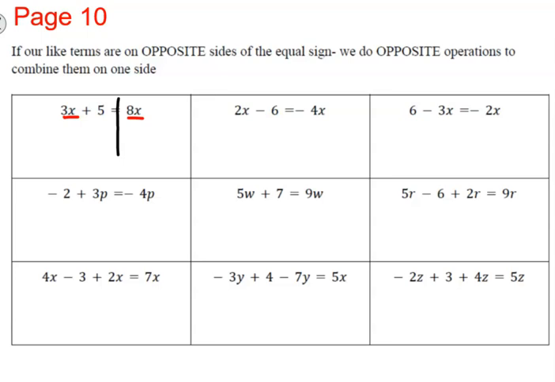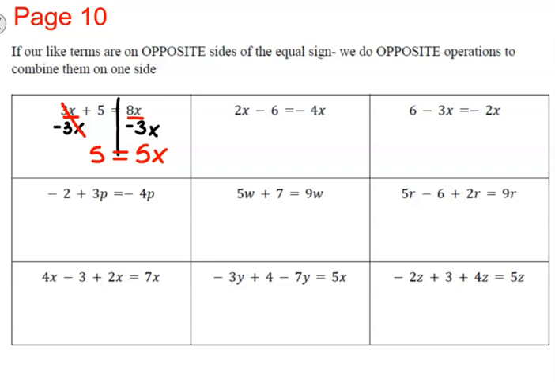The only thing on the right-hand side is the 8x, so I need the 3x to go to that side. If this is a positive 3x, we're going to minus 3x from both sides. And so now my x is going to be gone, and I'm going to have 5 equals 8x minus 3x is 5x.